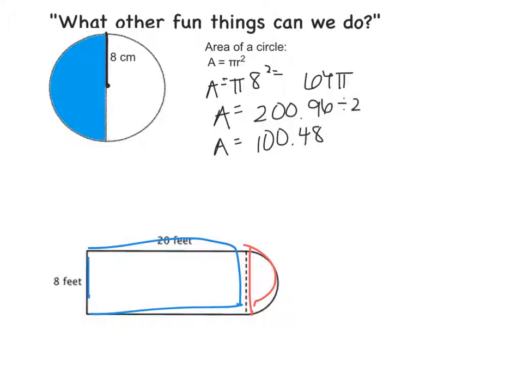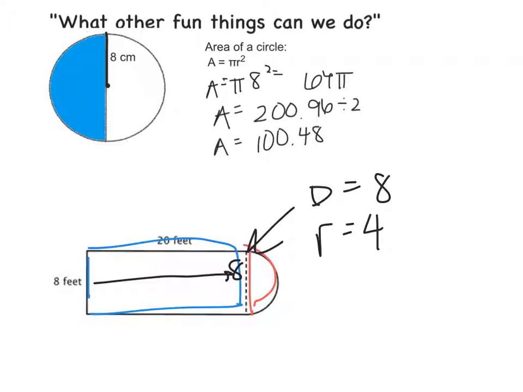Now, you might be thinking, but we don't know the measure of the radius. Oh, but we do, because we know that if this side over here is 8 feet, then we also know that this side over here is 8 feet. And so if this whole thing is 8 feet, in other words the diameter, we know the radius is 4.